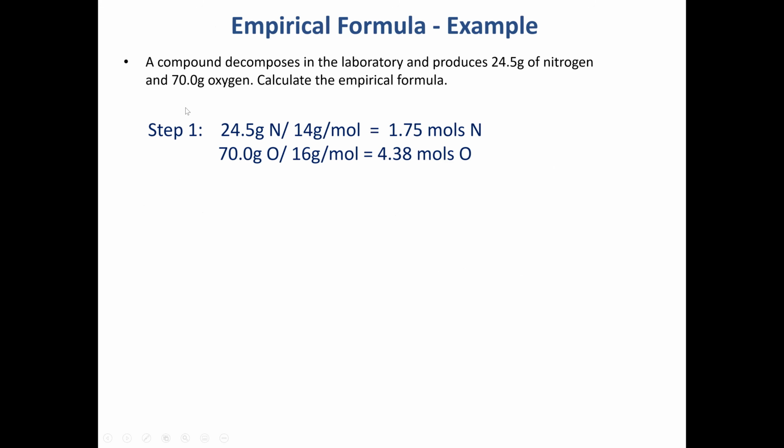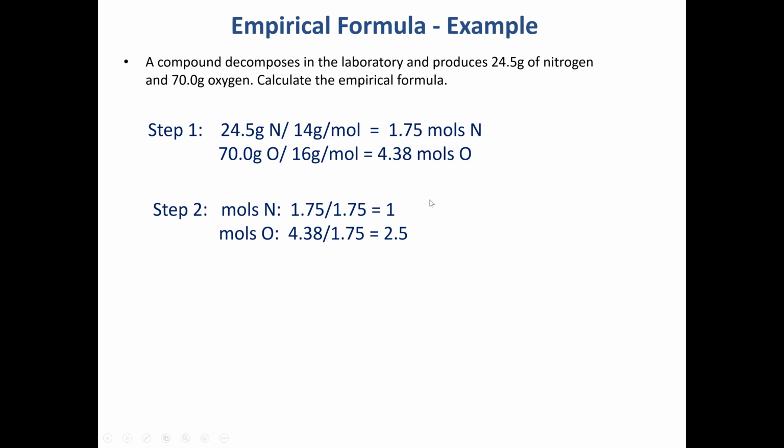That's step 1. Now we use the atomic mass of nitrogen and oxygen. We do not use N2 and O2. This is not stoichiometry. This is empirical formula. So we have to use 14 grams per mole for nitrogen, 16 grams per mole for oxygen. So now we have the moles of each element.